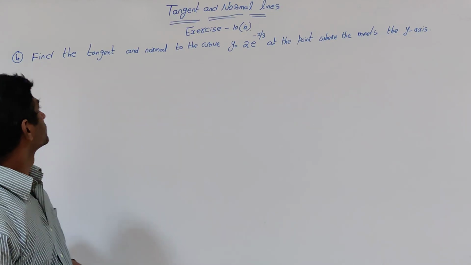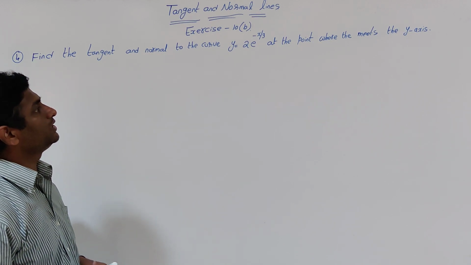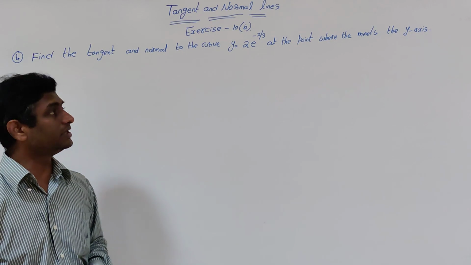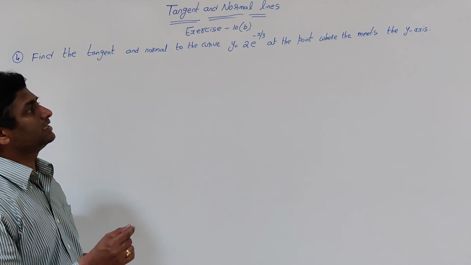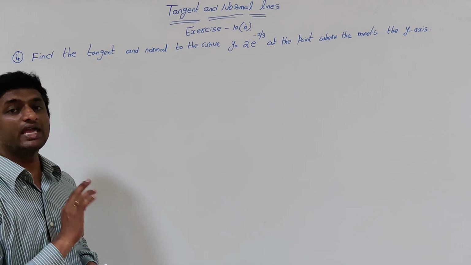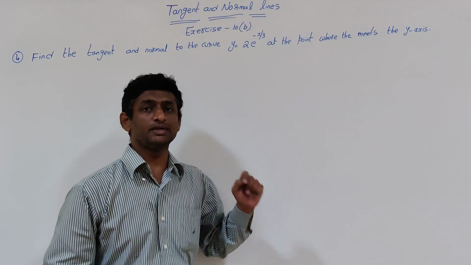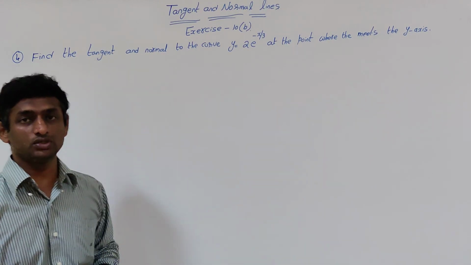Find the tangent and normal to the curve y is equal to 2 into e to the power of minus x by 3 at the point where the curve meets the y-axis. A point on the y-axis means the x coordinate will be 0.